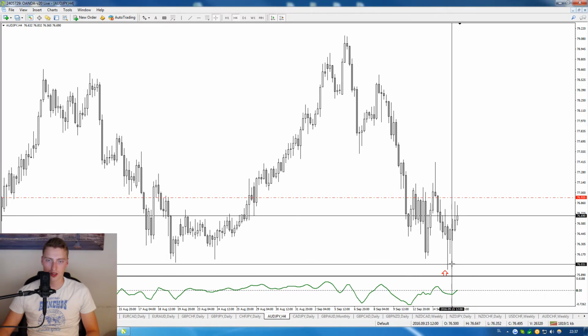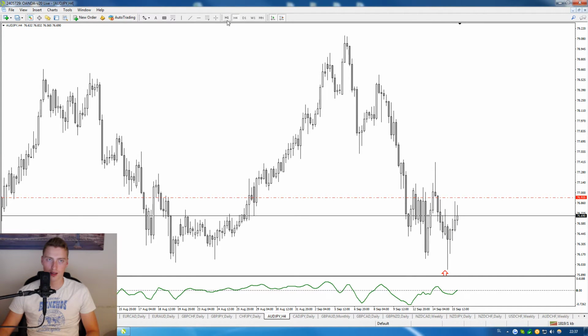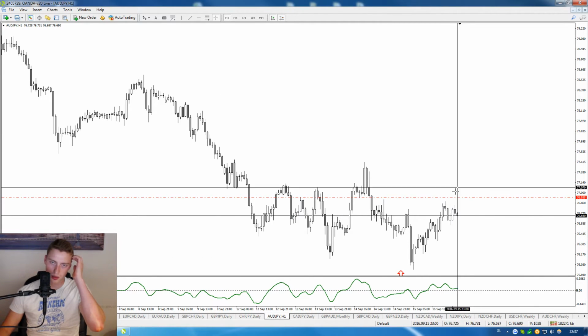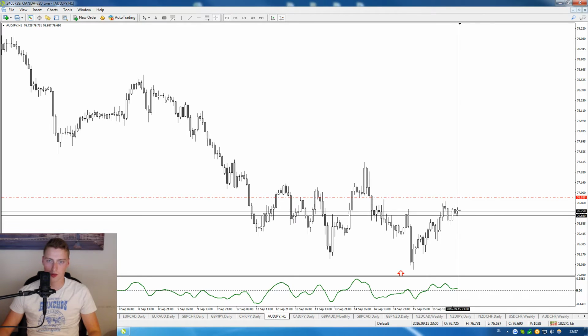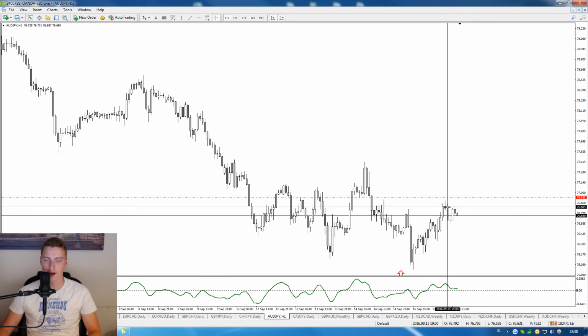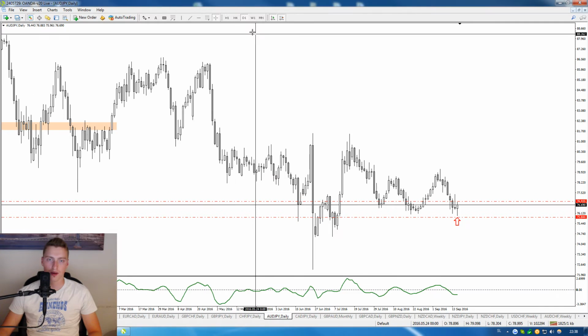We've also got this 4-hourly pin bar, and actually the 1-hourly is still not picking up yet, but when the price breaks this swing high, the trade will be triggered, and this will be an entry.